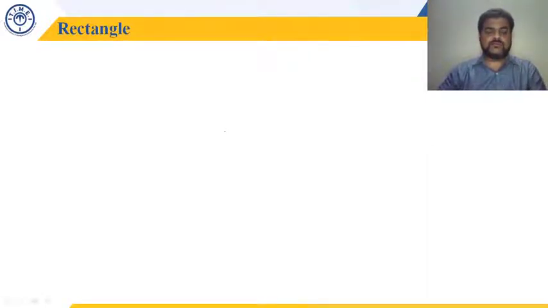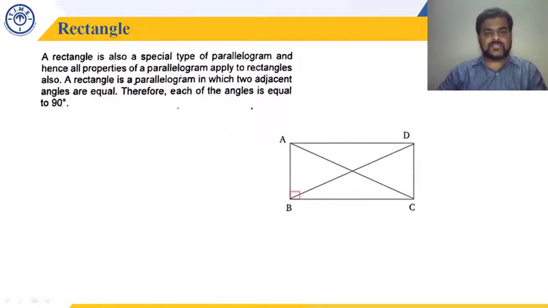What is a rectangle? As I told you, rectangle, square and rhombus are special cases of a parallelogram. So a rectangle will satisfy the properties of a parallelogram plus some additional properties that we'll see. This is the figure of a rectangle. As you see, this angle B is 90 degrees and actually all the angles will be 90 degrees.